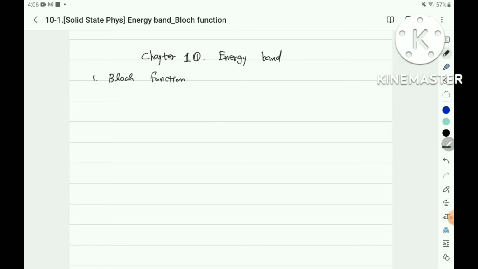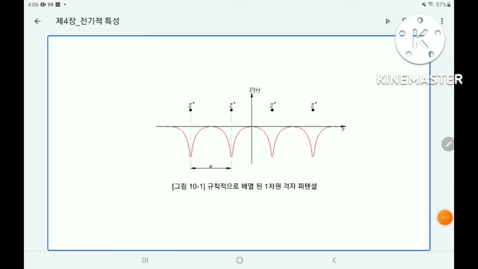Here we consider a periodic lattice in one dimension. This is the representative picture for the periodic lattice in a one-dimensional structure.